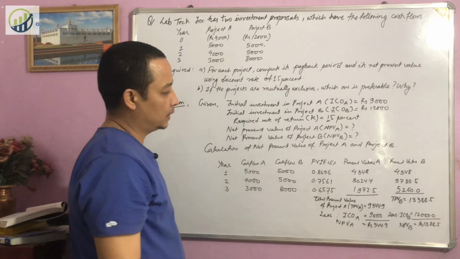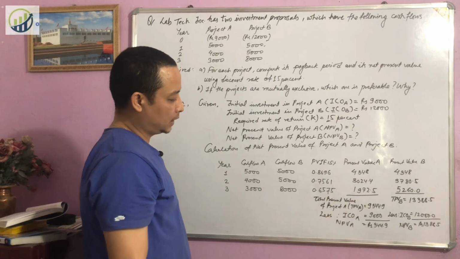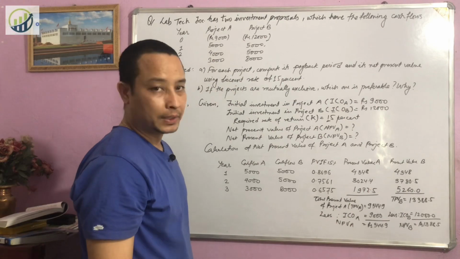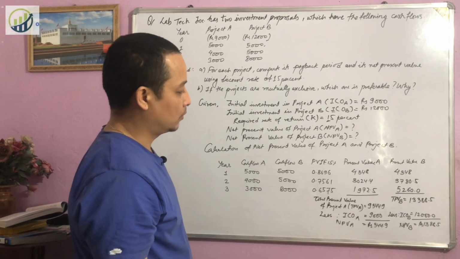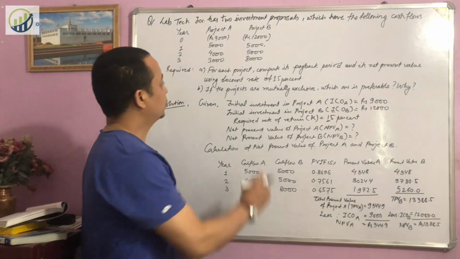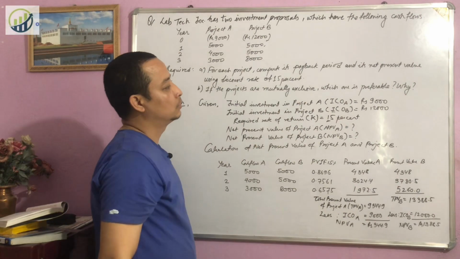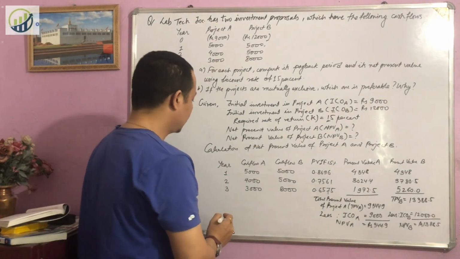Now if you compare the net present values of project A and project B, project B has more net present value. So if the projects are mutually exclusive, which one is preferable and why? You have to write the answer for this.